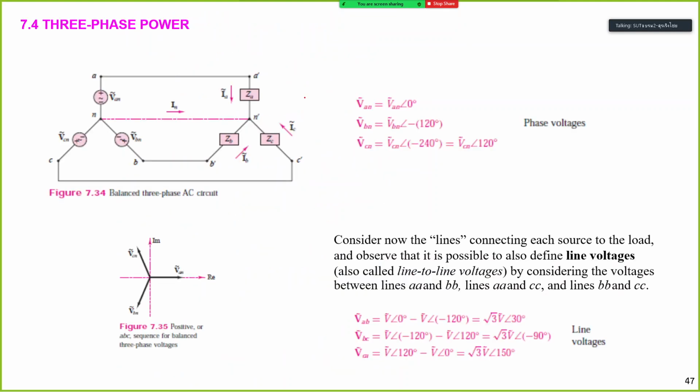Then in AC circuits, we also have three-phase circuit, three-phase power, and usually we send the electricity in three-phase, right, for long distance or for large industrial or large buildings. We use the three-phase electrical system.